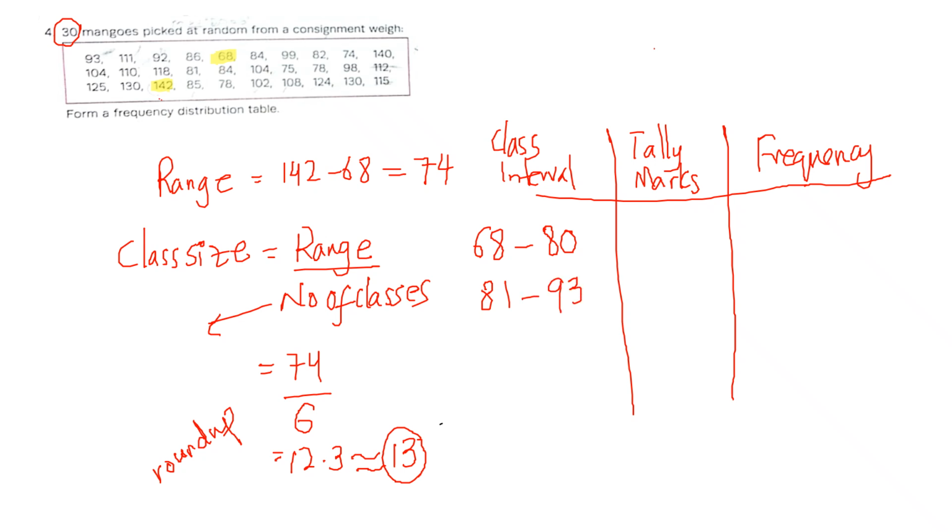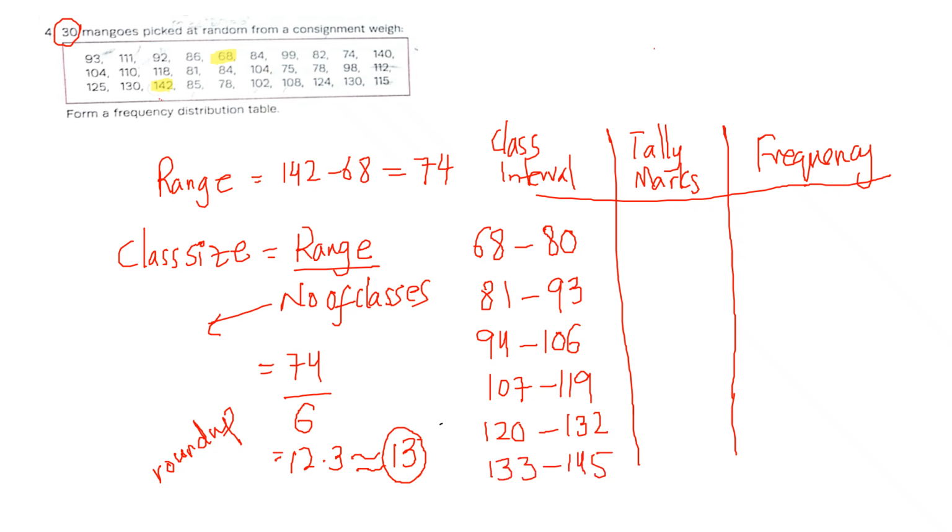You have to count correctly and precisely. Next will be 94 to 106, and next will be 107 to 119. Then I have 120 to 132, and then I have 133 to 145.